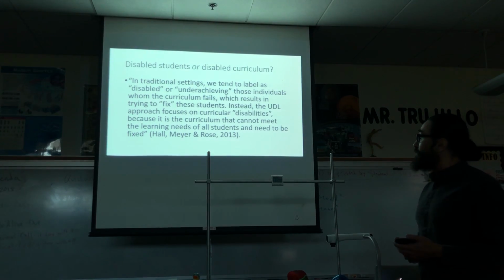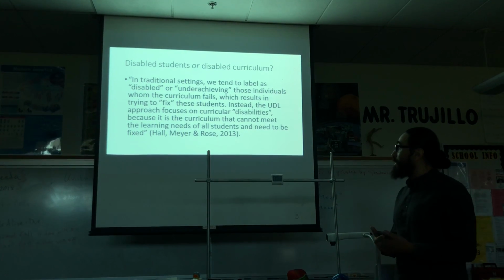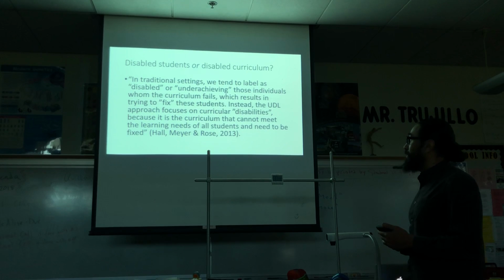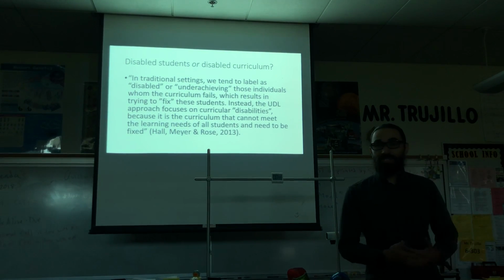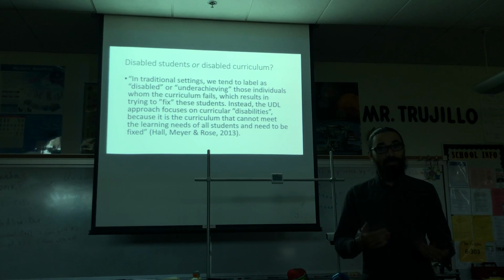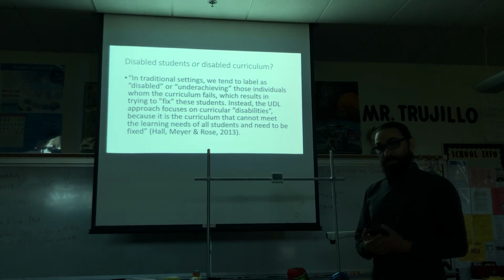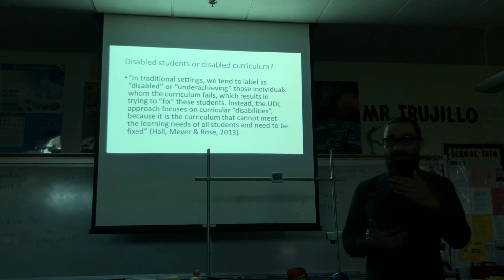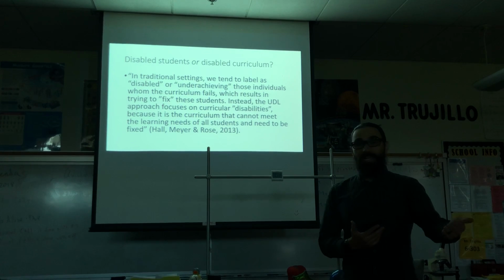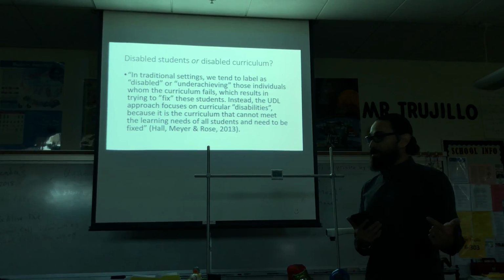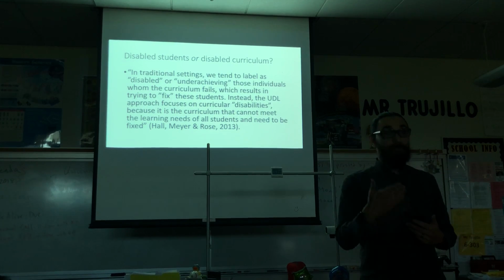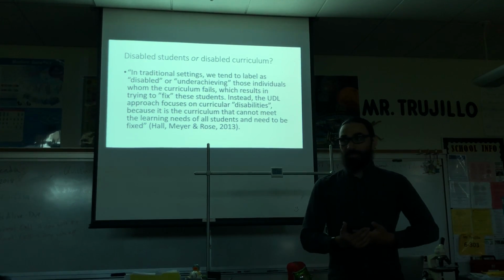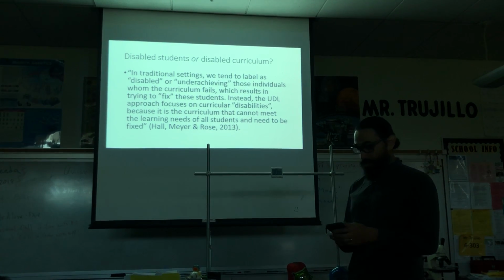Instead, the UDL approach focuses on curricular disabilities because it is the curriculum that cannot meet the learning needs of all students and needs to be fixed." What that means is basically this: if you are not giving these students those different variations on how they can engage with what they're learning, express what they're learning, and be able to take in that information, it's the way you're teaching that's actually disabled according to the UDL framework.